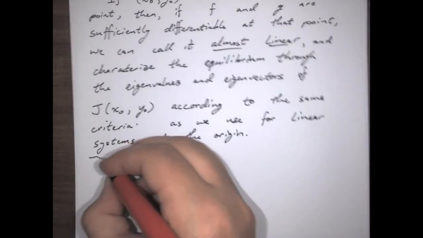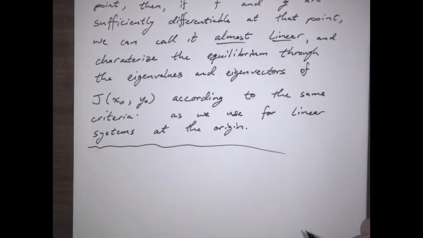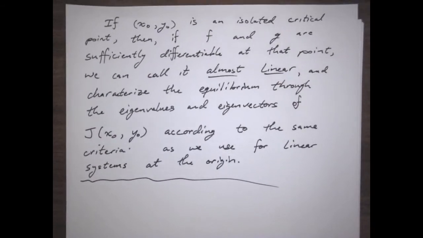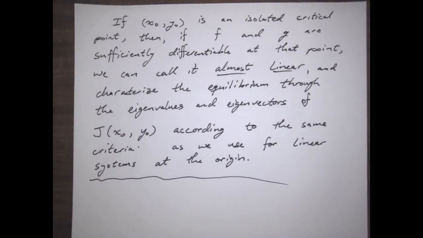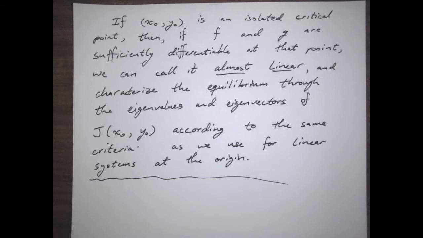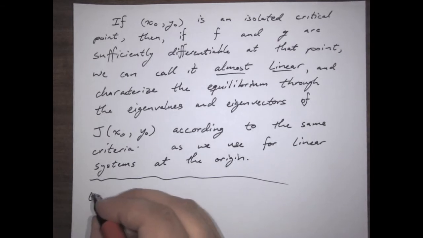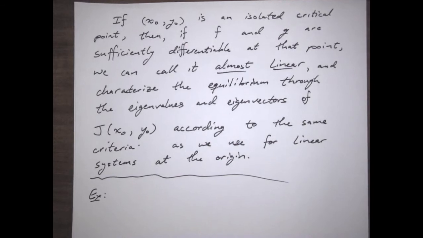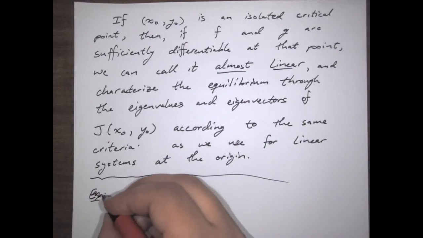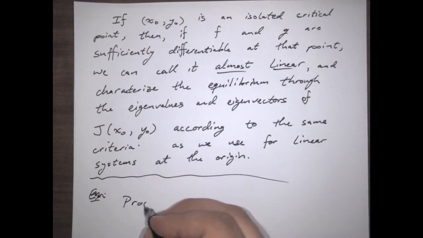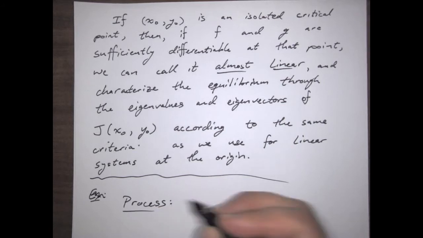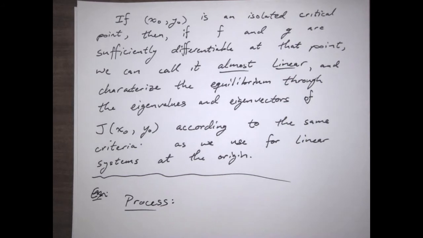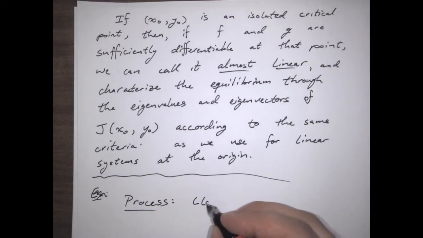So this is a lot of words, and it's hard to know. Does it even make sense? Who even knows? Let's just dive into some examples, because that's the only way to make heads or tails of this. And so here's what we do. Here's a process, and this is for classifying equilibrium points.